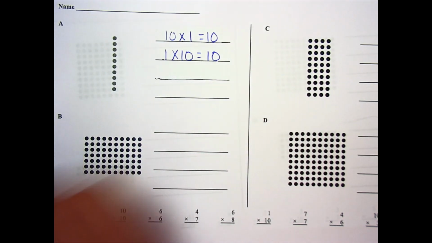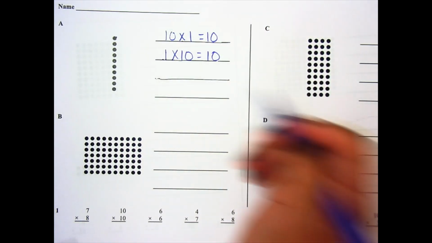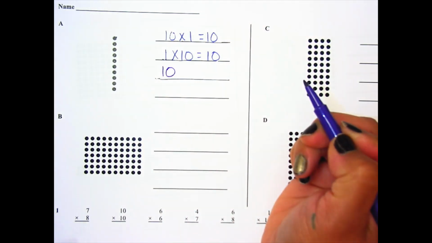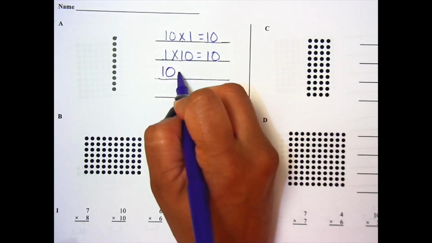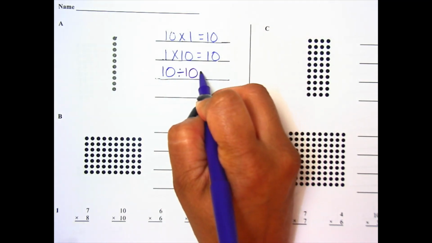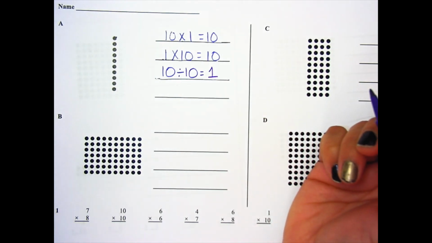How many do I have in each row? Well, I have 1 in each row, and that is my quotient. So I would write it as 10 in all, divided by 10 rows equals 1 in each row. So 10 divided by 10 equals 1.